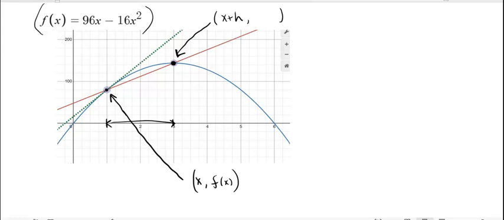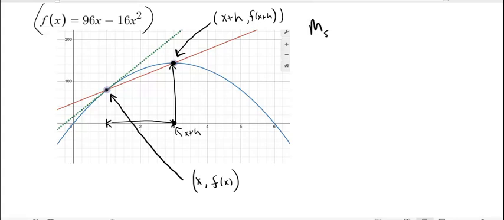But just picture those dots moving, and then just the distance between the 2 points, the x value of the 2 points, is the distance we call h. Okay? And then, of course, if this is x plus h, then if I plug it into my function, the output is f of x plus h. Okay, that's how I choose to write my 2 points for my secant line.